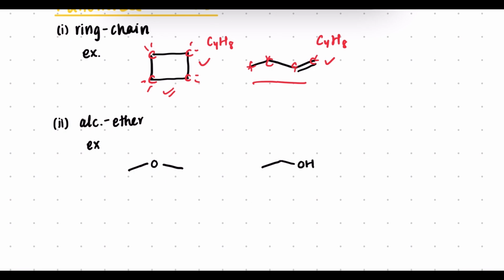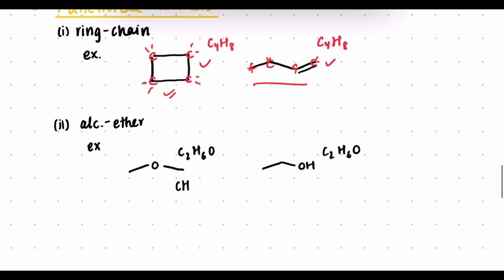Now you can count the number of hydrogens, the number of carbons and oxygens, and you can come up with a molecular formula, and you'll find out that both of them are C2H6O. However, when you're writing the structural formula, you would have CH3OCH3, and this is CH3CH2OH.